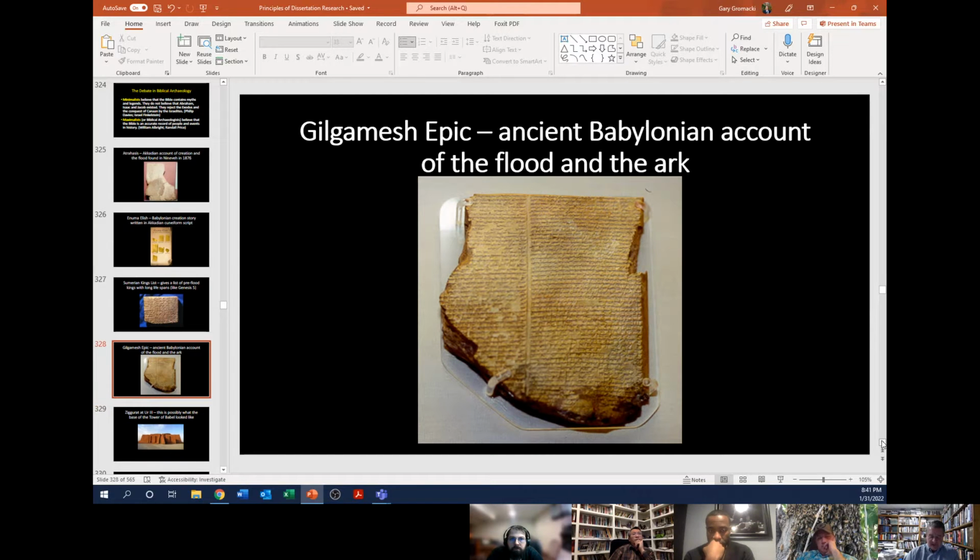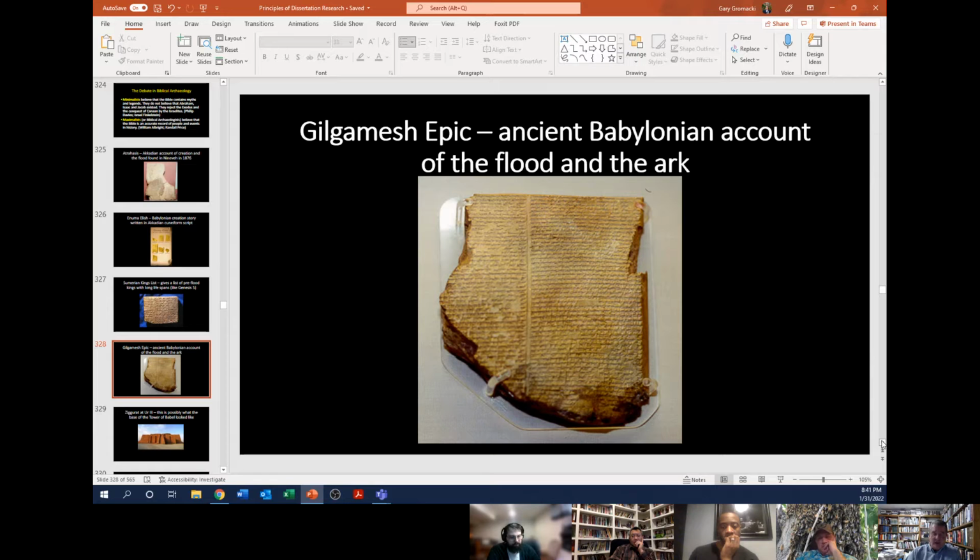Then you have the Gilgamesh epic. Again, you can read the Gilgamesh epic and these other stories in Readings from the Ancient Near East. It is again a Babylonian account of the flood. This epic was found in 12 Akkadian tablets. In the 11th tablet, Gilgamesh meets a man by the name of Utnapishtim, who's been called the Babylonian Noah.